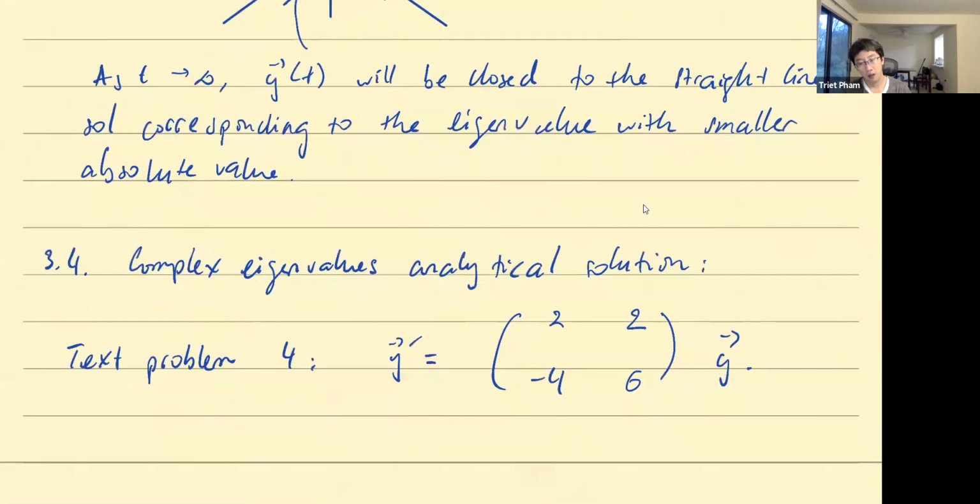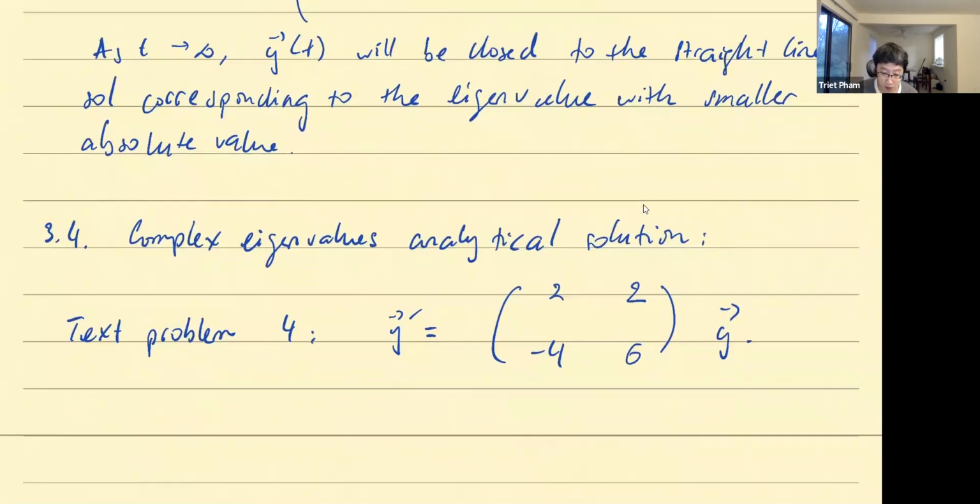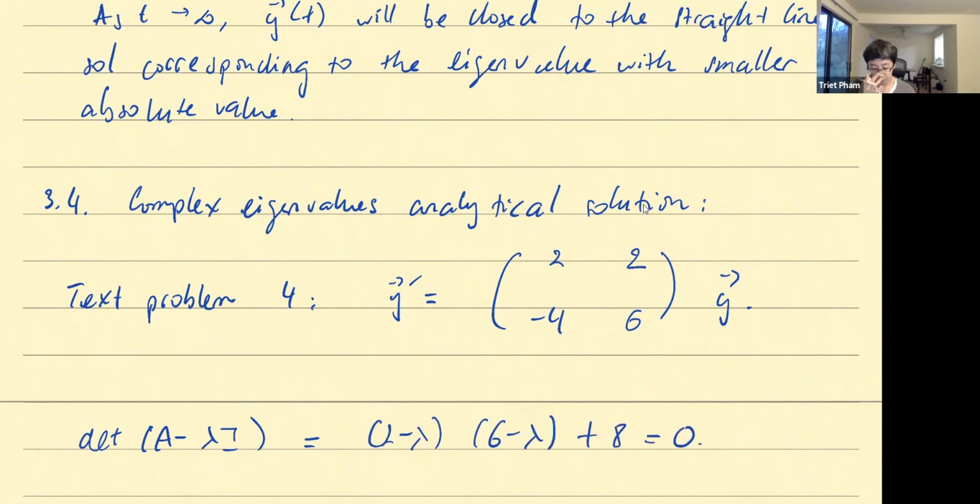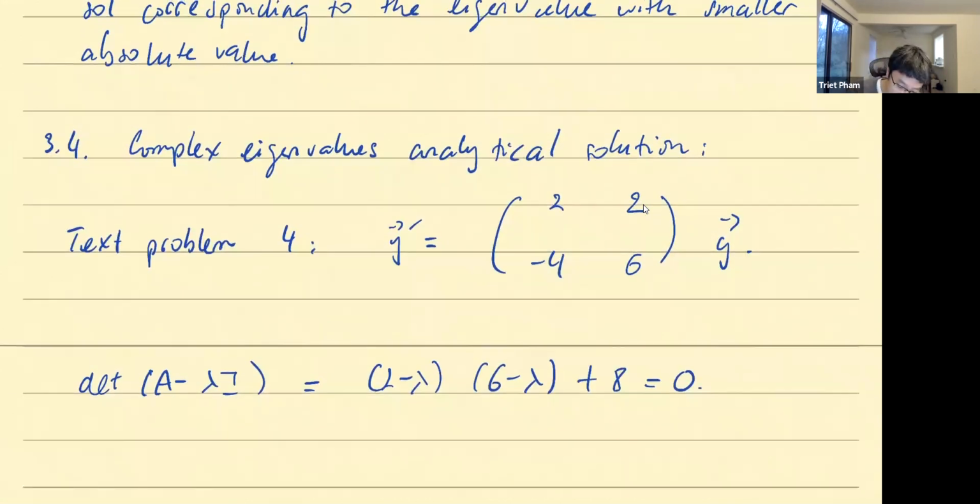All right. So again, the drill is the same thing. Start with the determinant of A minus lambda I, which is 2 minus lambda times 6 minus lambda, plus 8. So what is that? That's lambda squared minus 8 lambda, and then plus 12 plus 20.